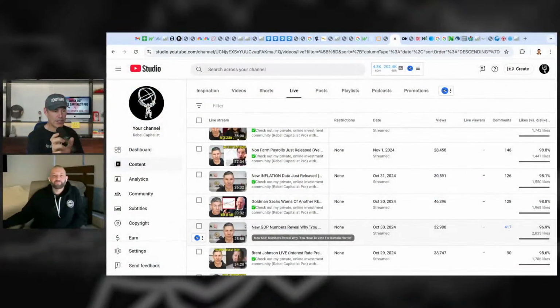But look at this one. This is a good example of using that non-emotion face, where it actually works really well with the title to generate curiosity. You've got that look, but then it says new GDP numbers reveal why you have to vote for Kamala Harris. You see how, with that face, and I would have a sad face too in my position, that's going to create curiosity, and people are going to click on that.